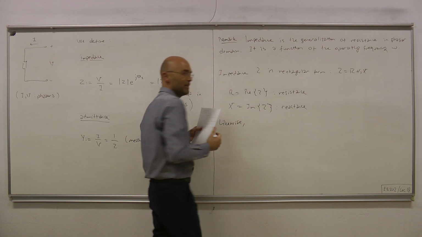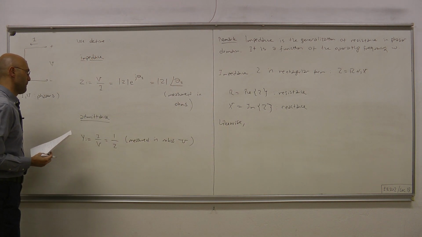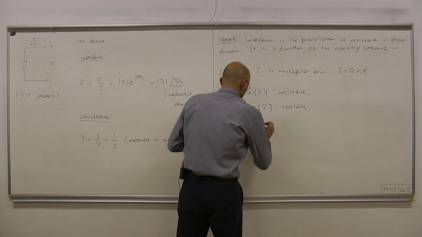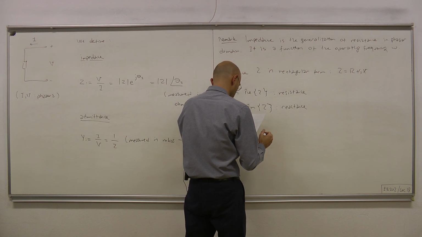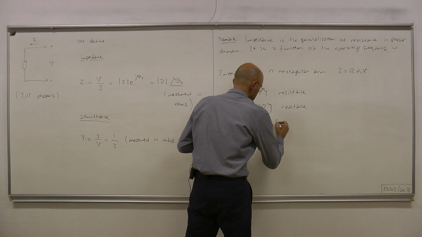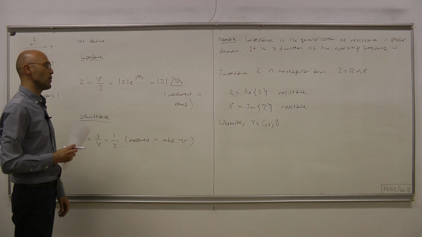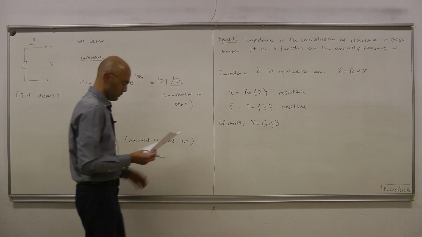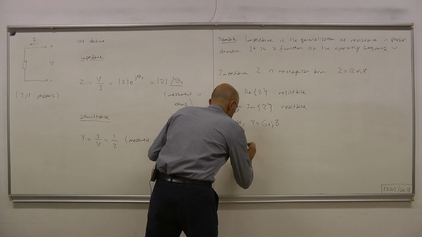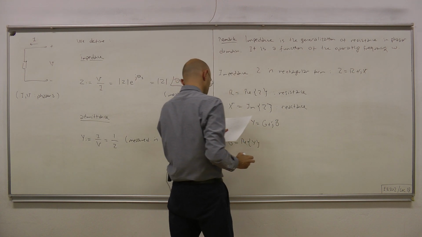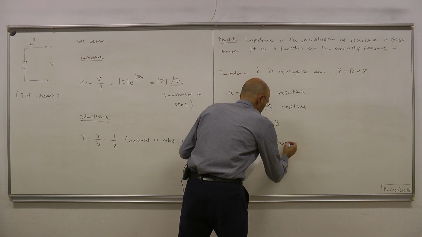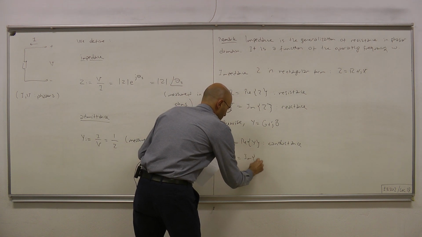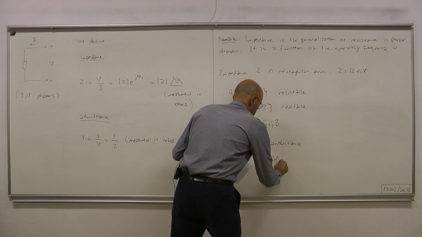As for the admittance, its real and imaginary parts also have special names. We usually write Y as G plus jB. G is the conductance of the one-port, and B is the susceptance of the one-port. So G equals the real part of the admittance, and it's called conductance. And B is the imaginary part, called susceptance.